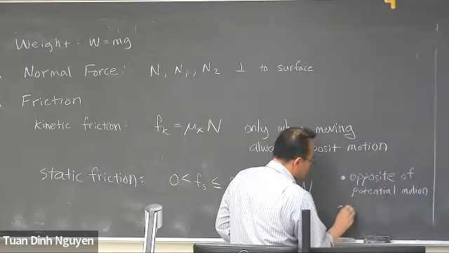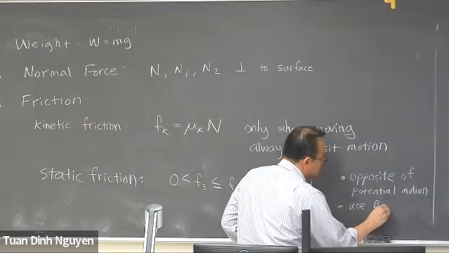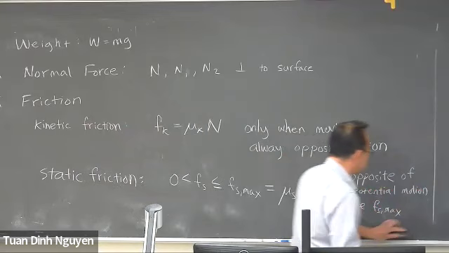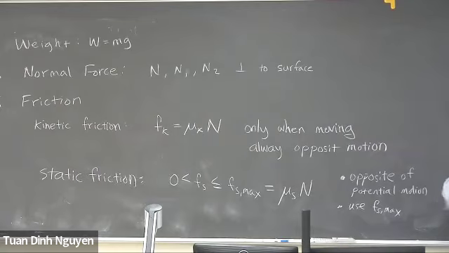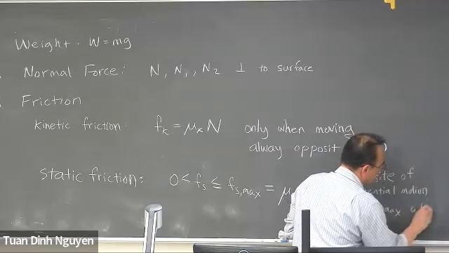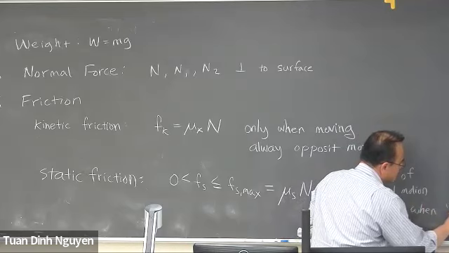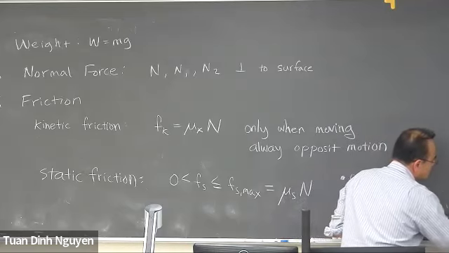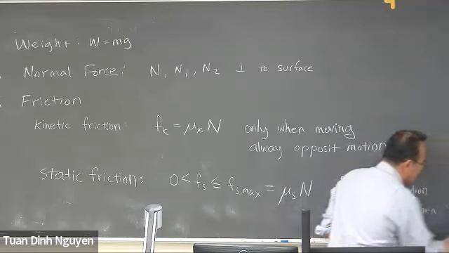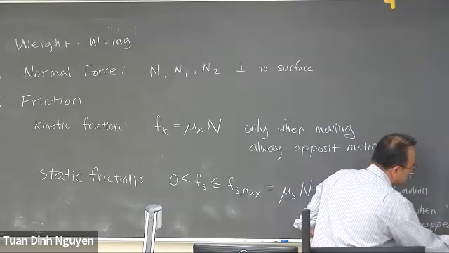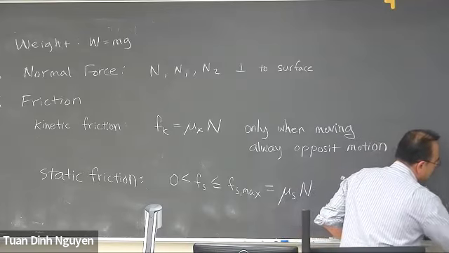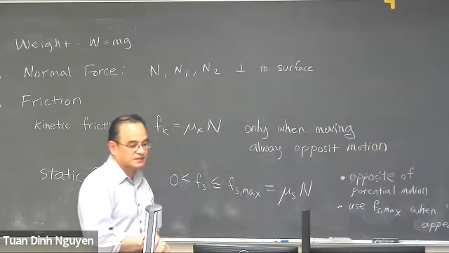And then use Fs max when something's about to move. Use Fs max when words like max or min appear in the problem. And if those words don't appear in the problem, then don't assume that it's Fs max.